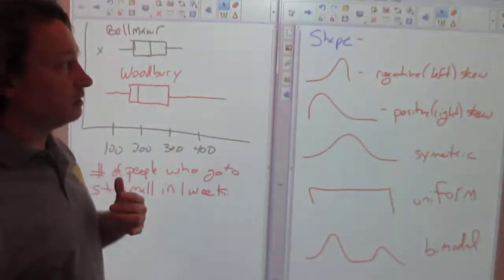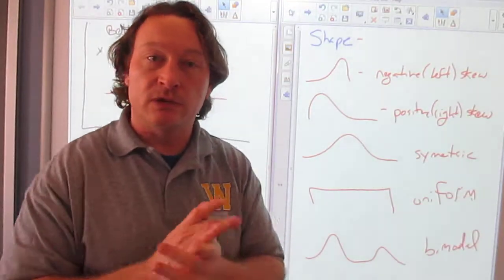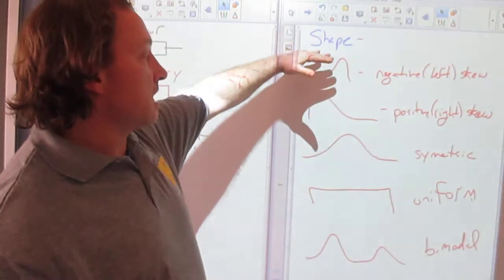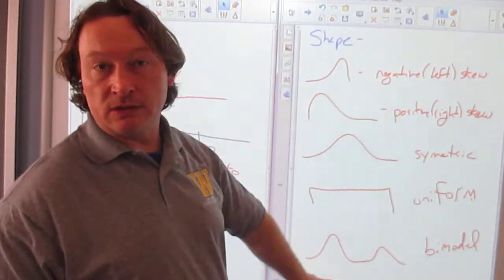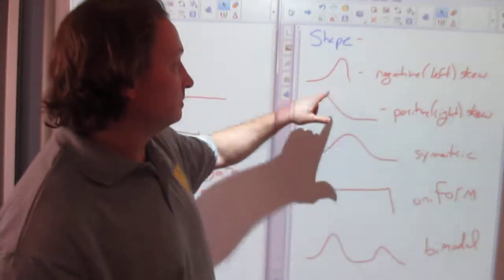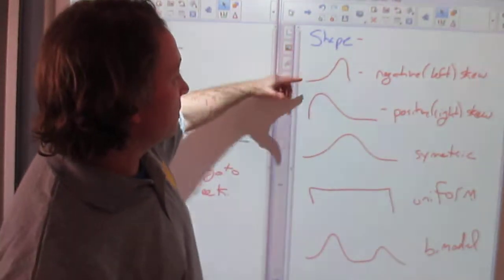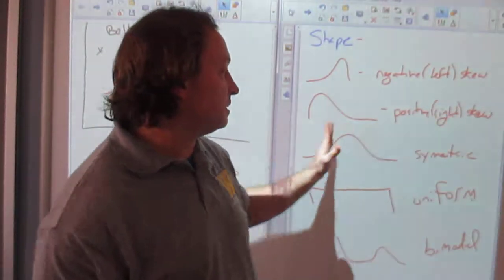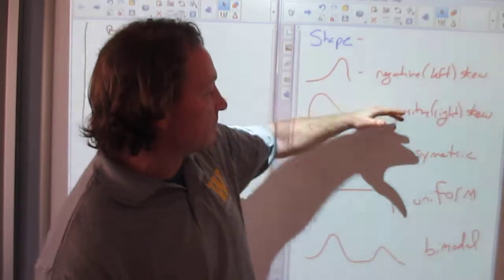There are always going to be 5 things we need when we're doing that. We want to be able to talk about shape, and there are 5 shapes we want to look at. Negative or left skew, meaning there's a drag to the left, the smaller values to the left, and it shoots up. A positive or right skew, which is the opposite, drags to the right.